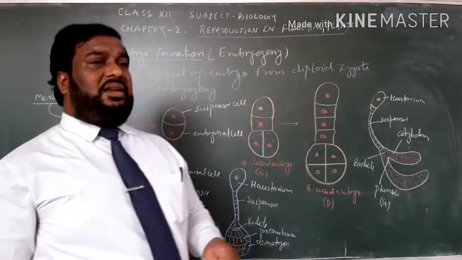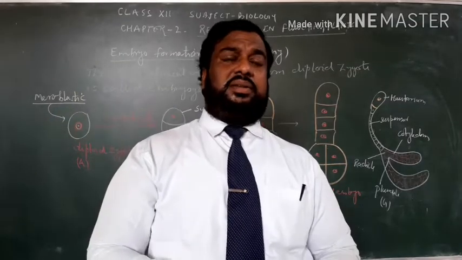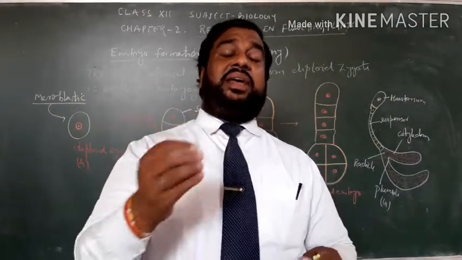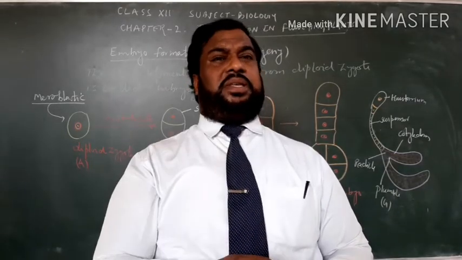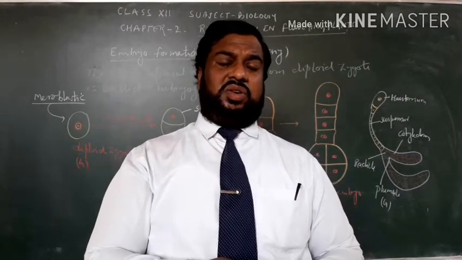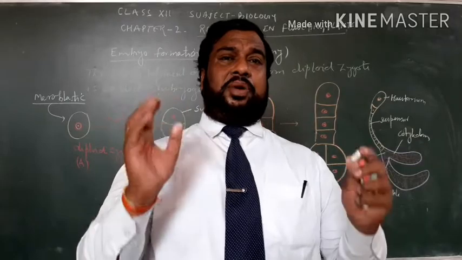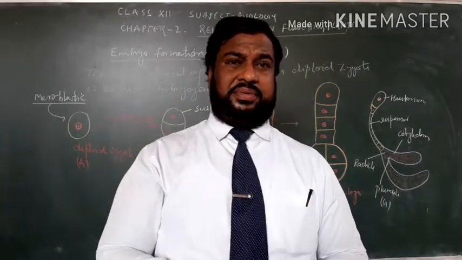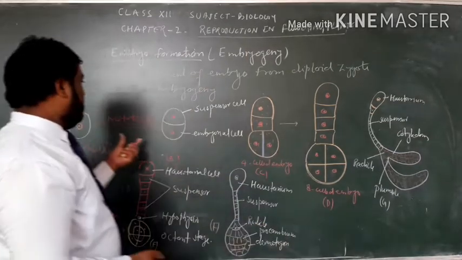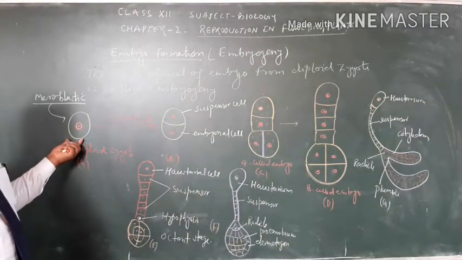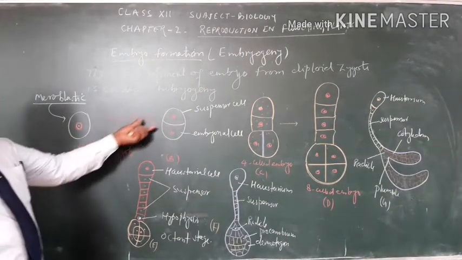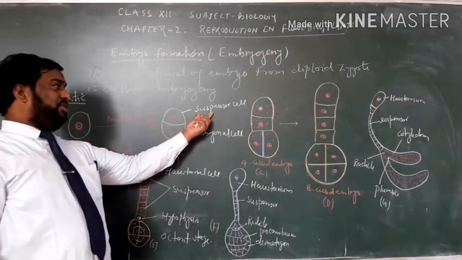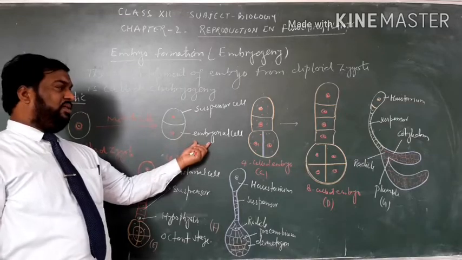Second, endoscopic. It means embryo developed in the interior of the suspensor. So after that a pro-embryo is formed. In very brief, zygote divides mitotically to form a two cell structure, suspensor cell and embryonal cell.